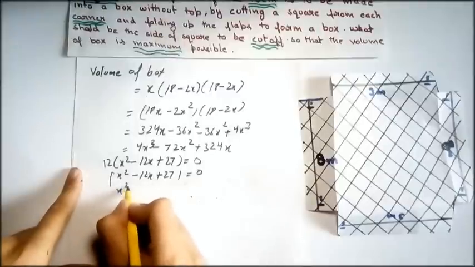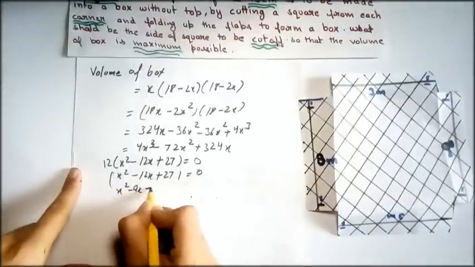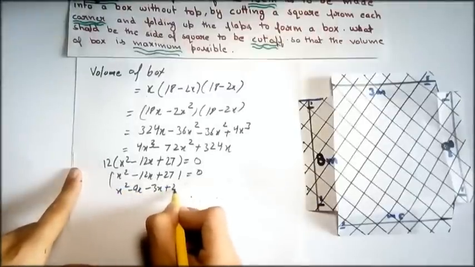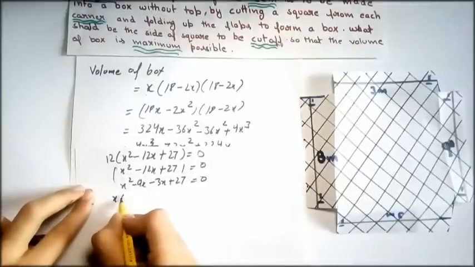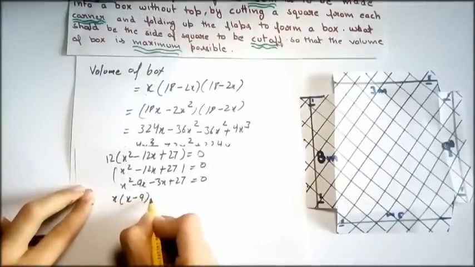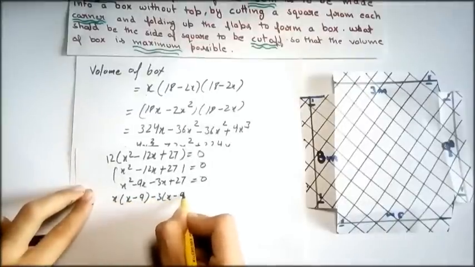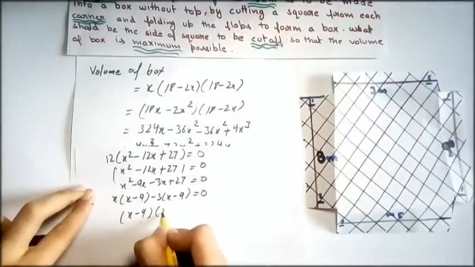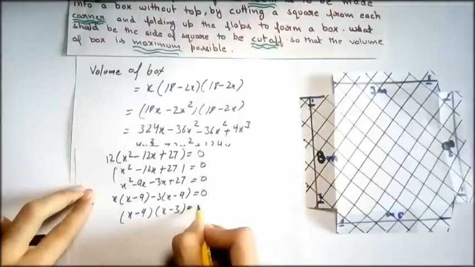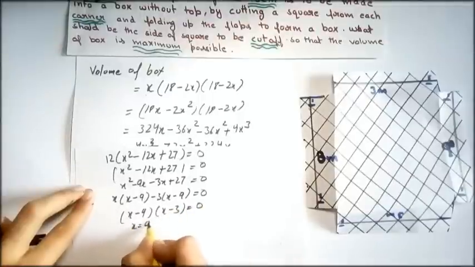That is x square minus 9x minus 3x plus 27 is equal to 0. Now x will come out common. x times (x minus 9) minus 3 times (x minus 9) is equal to 0. We got (x minus 9) and (x minus 3) equal to 0. x is equal to 9 or 3.